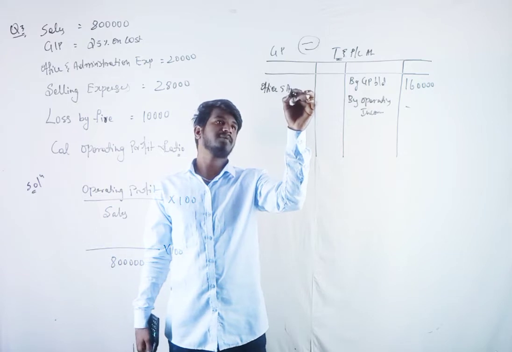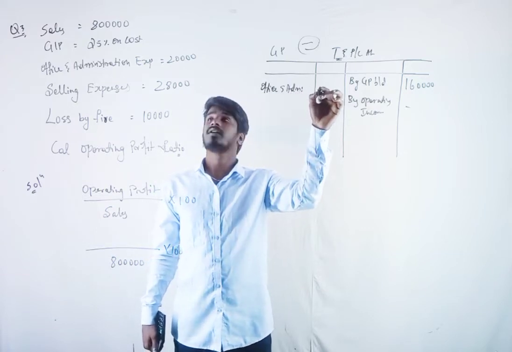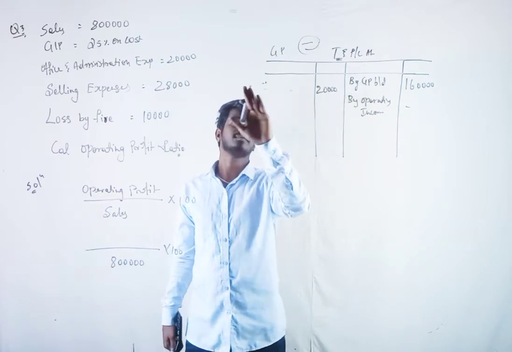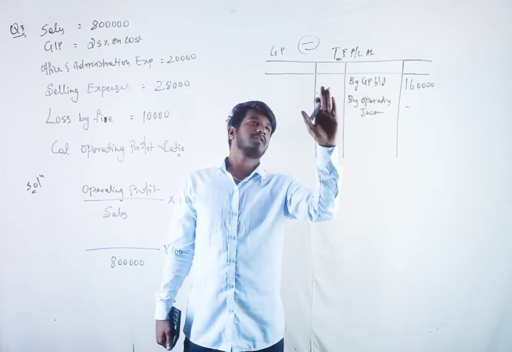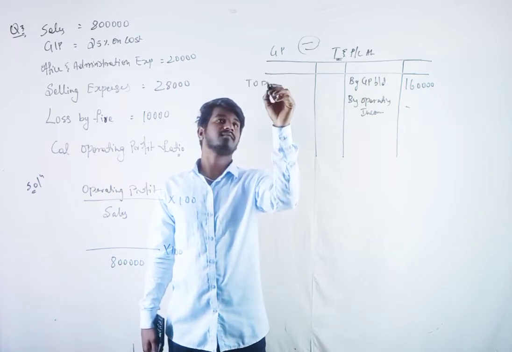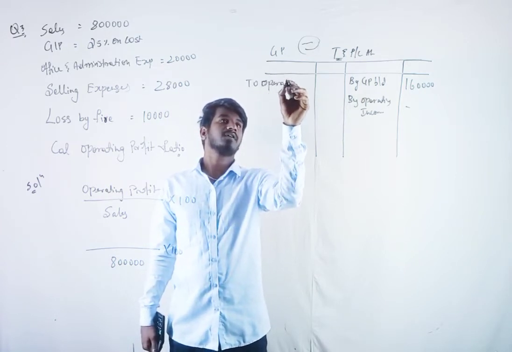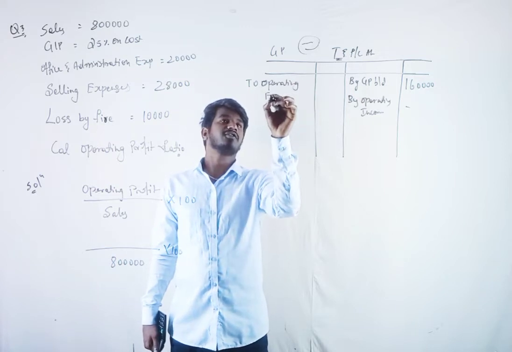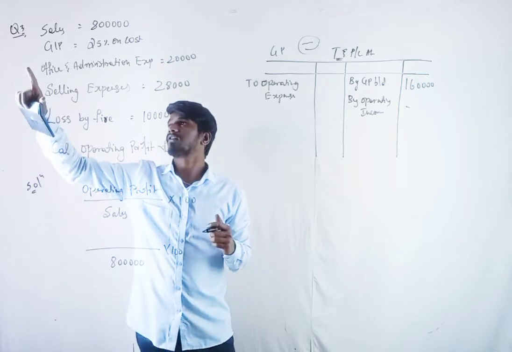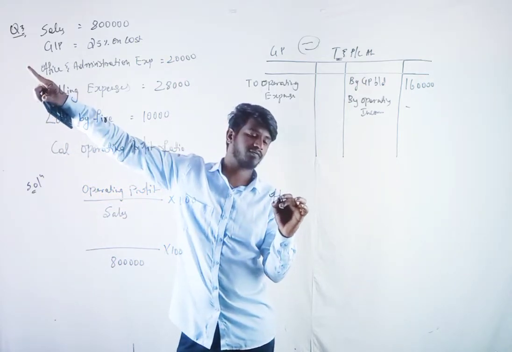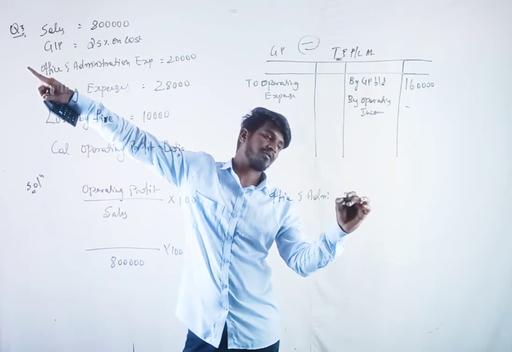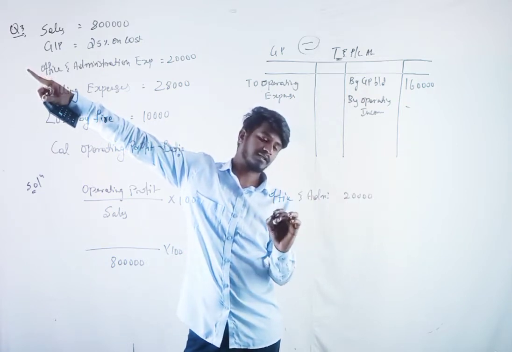Office and administration expenses, how much is it? 20,000.